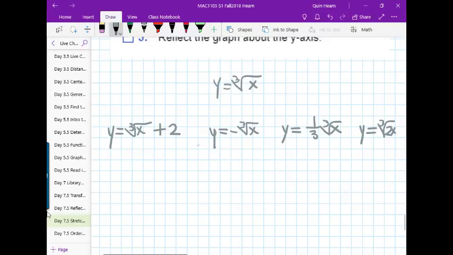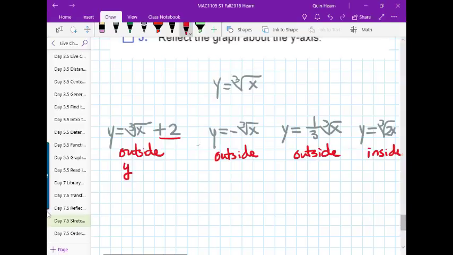When you're looking at these functions, first identify whether the operation is affecting the inside or the outside of the function. For example, this one, the operation is on the outside. It's not inside the root. Also, this one is on the outside. Also, this one is on the outside. But this one is on the inside.